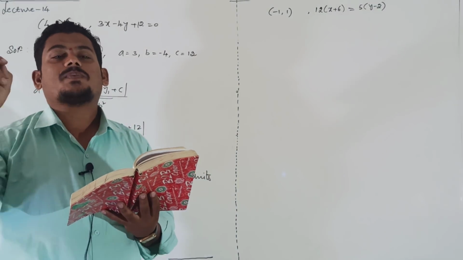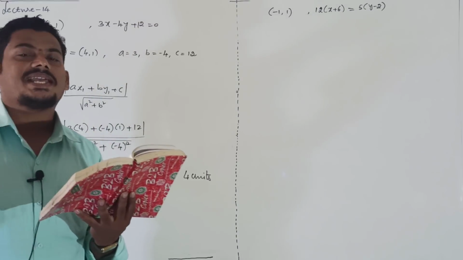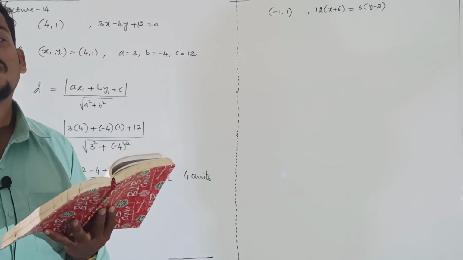Find the distance of the point minus 1 comma 1 from the line 12 into x plus 6 equal to 5 into y minus 2.